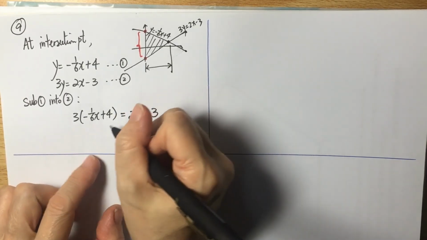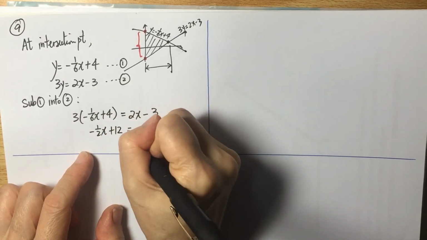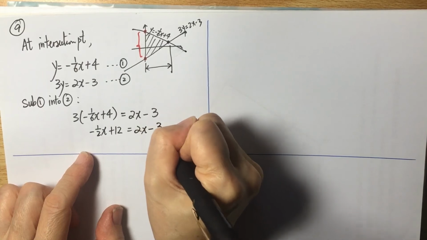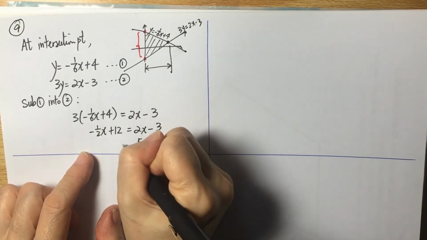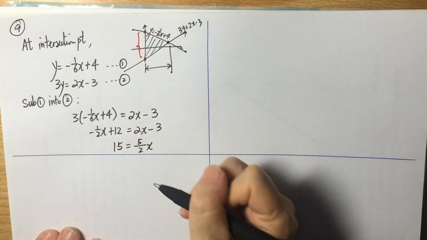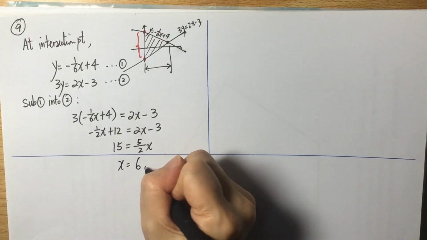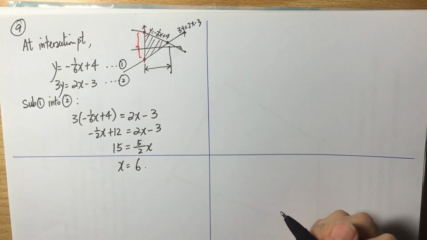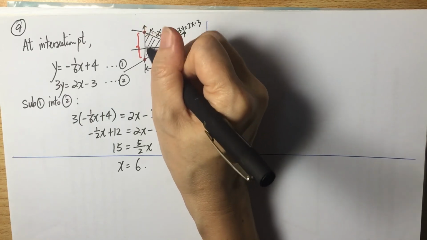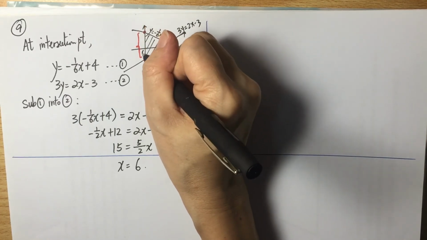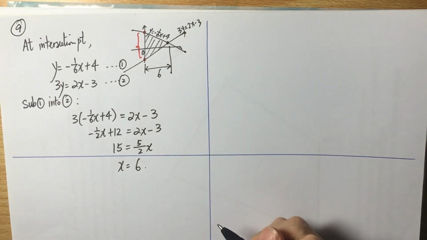This one multiply in, I have negative half x plus 12 equals 2x minus 3. So together I have 5 over 2 x equals 15. Okay, so x will be equal to 6. After getting x equals 6, the x value of this point is 6. So from the y-axis, which is the origin here, to here, this length is 6 units.